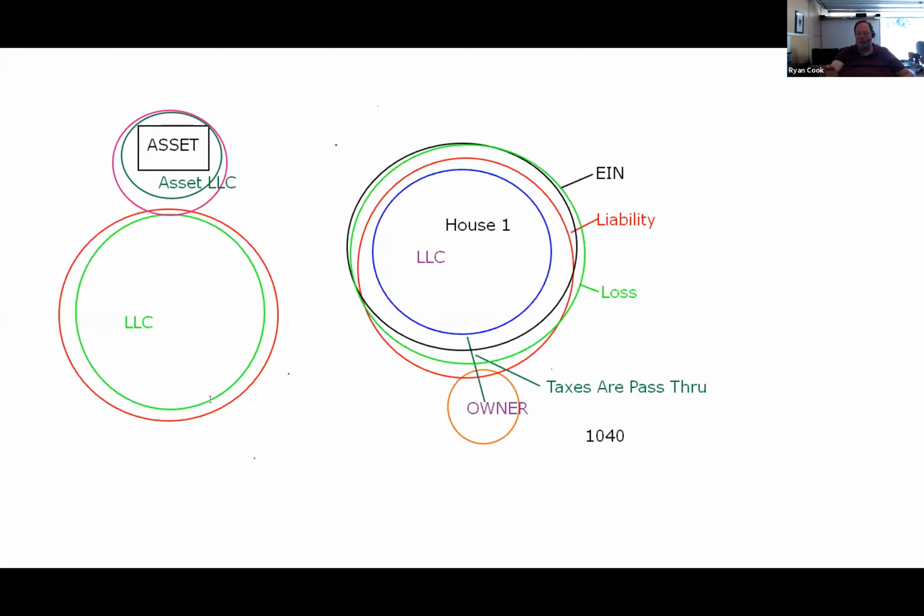Does that kind of clear it up, why you would do that? And remember, like I said, this is 100% owned by this, so it gets all the pass-through. So it just appears on its regular taxes. In this case, I should say, now it appears on its regular taxes.